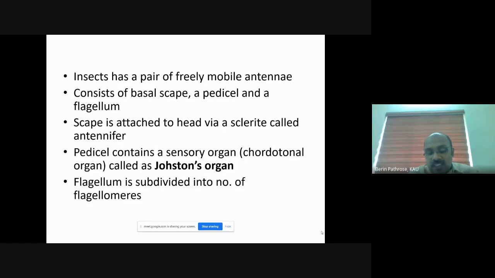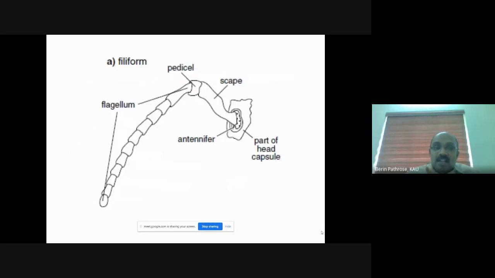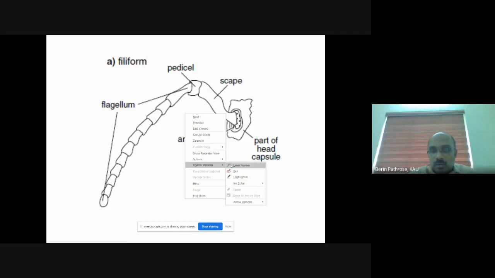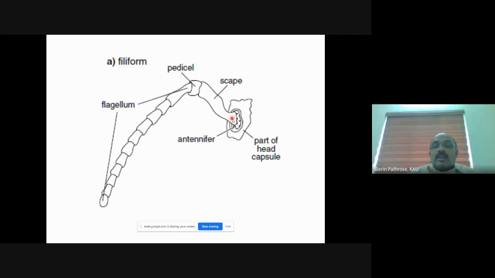The basal segment is called the scape. After the scape, we have the pedicel. You can see it over here.